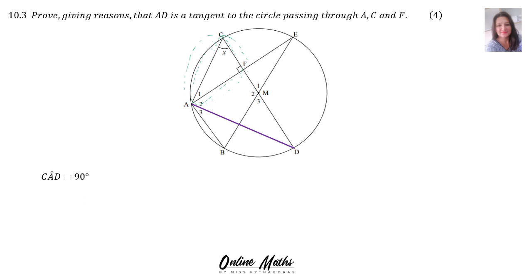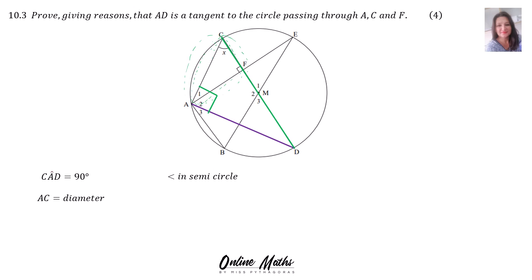So we start by saying that CAD is 90 degrees, and the reason for that is because CD is a diameter, so it's angle in semicircle.